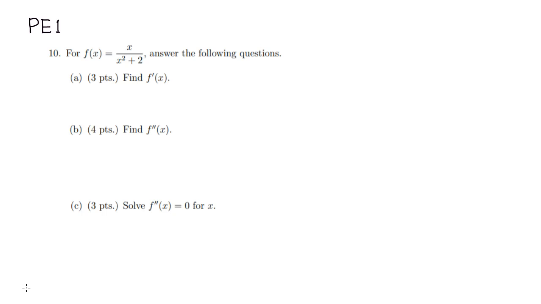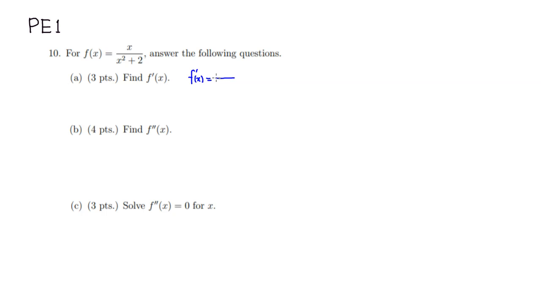Alright, let's look at practice exam 1, problem number 10. Let's take the first derivative. So f prime of x is equal to, since it's a quotient, we're going to apply the quotient rule.